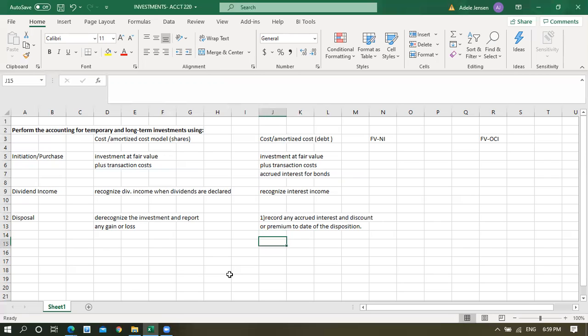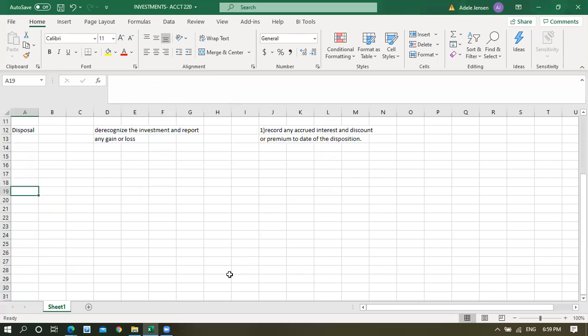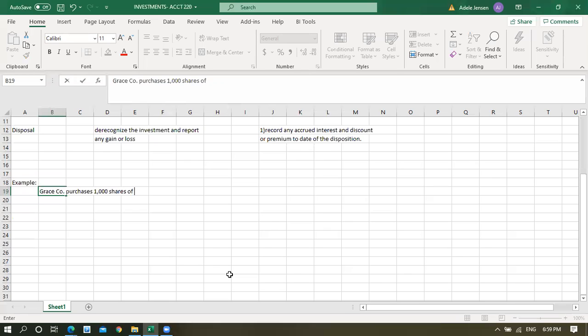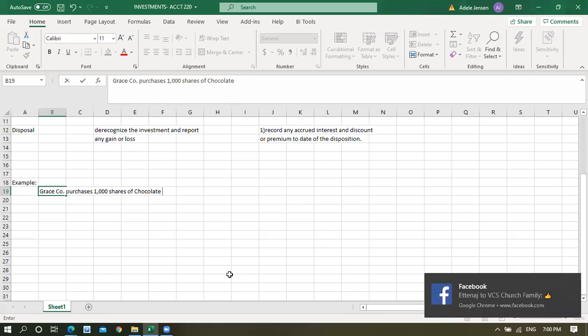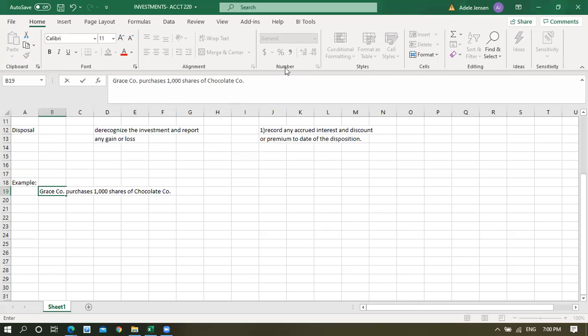So we are going to go down here. Okay, so let's say Grace Co. purchases 1,000 shares of Chocolate Co. at $4.25 per share on March 8th, 2020.